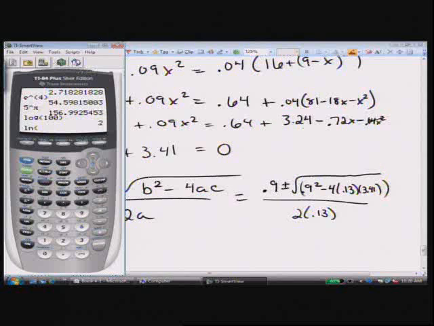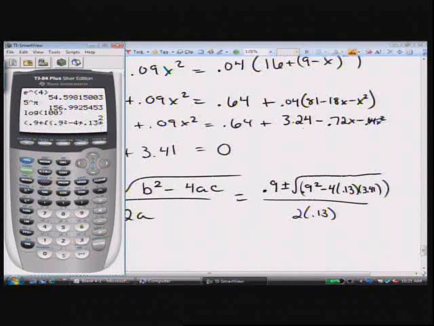Okay, so it's 0.9 plus or minus the square root of 0.9 squared minus 4 times 0.13 times 3.41, divided by 2 times 0.13.